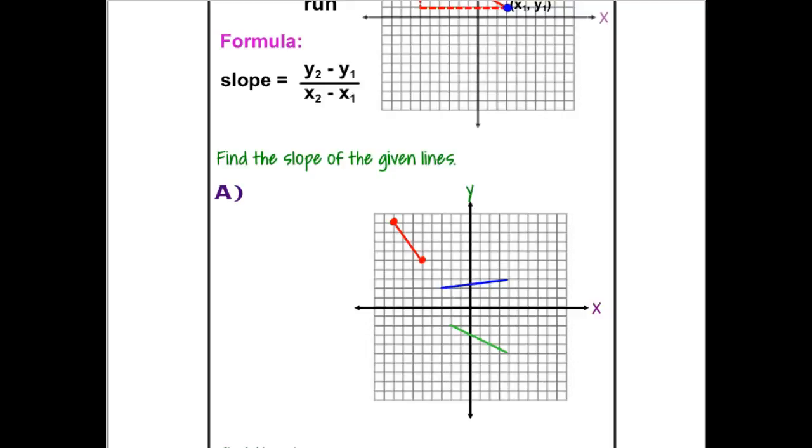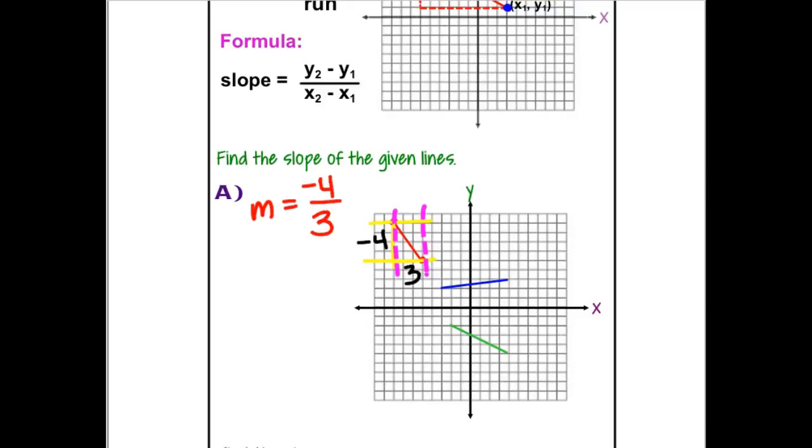But instead, it's much easier if you just say, okay, to get vertically from here to here, that's a difference of counting squares. That's 4 squares, but we're going down, so it's negative. And then we want to go from here to here. And when I do that, I get 3 to the right. That means that my slope for the red line is going to be -4 over 3.